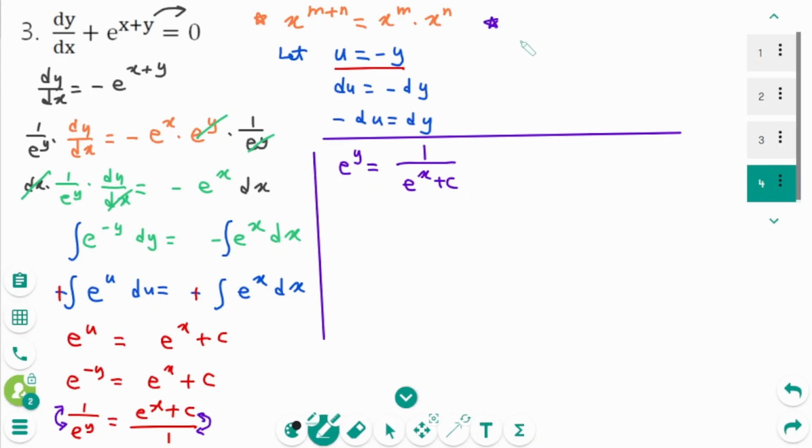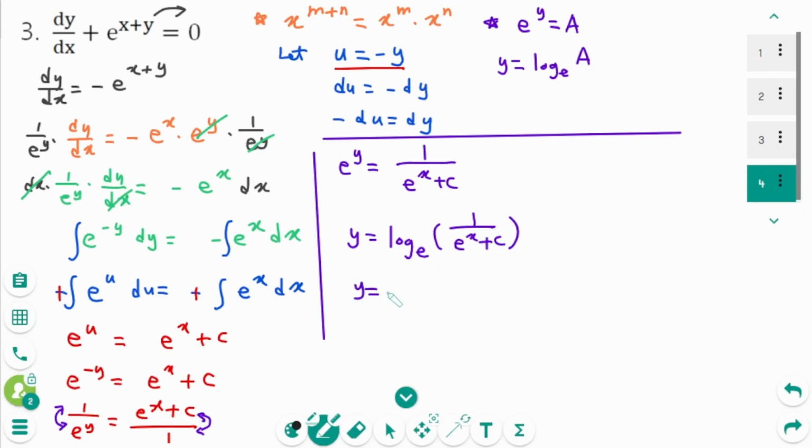If e to the power of y equals a, then convert into the logarithmic form. Then y equals log e of a. Then back to the original. This is the a part. Then y equals log e of a part, 1 over e to the power of x plus c.